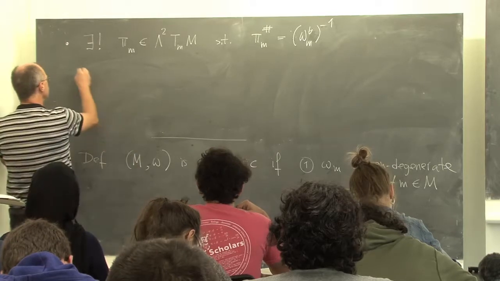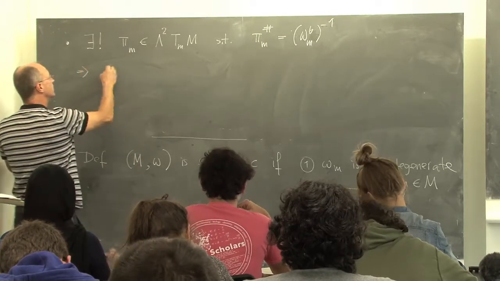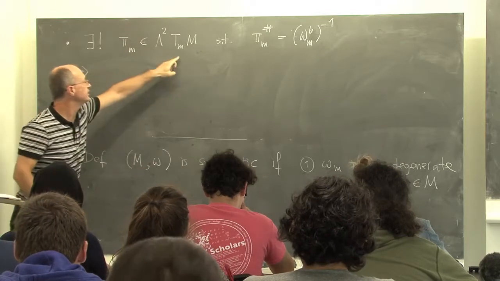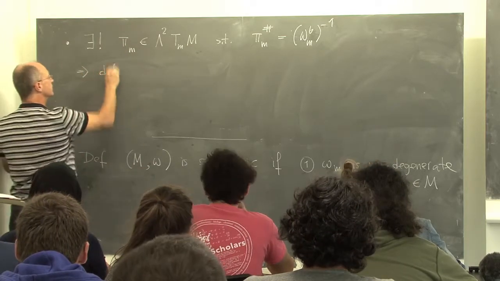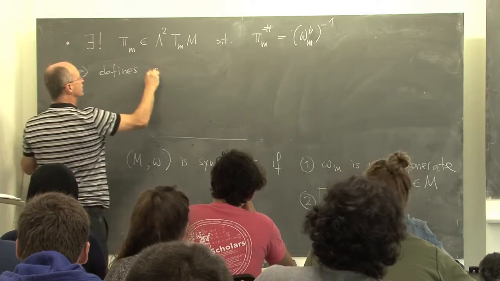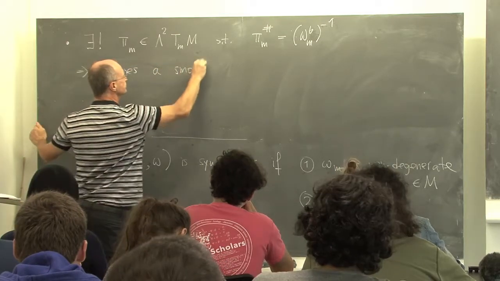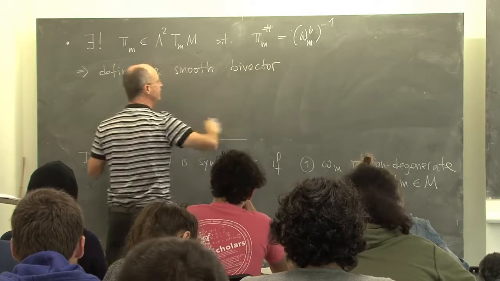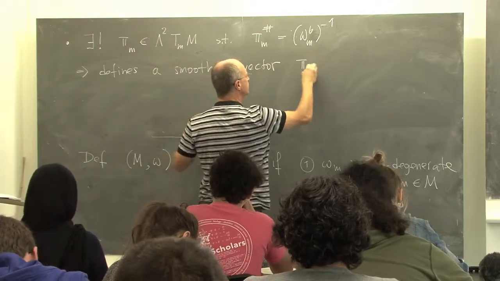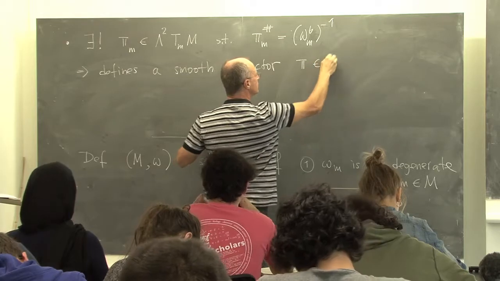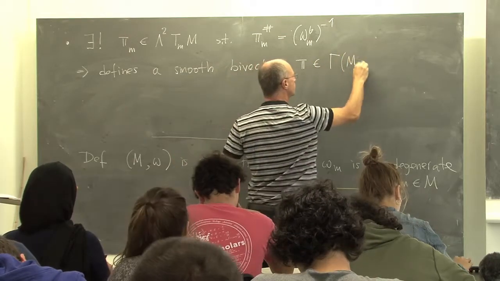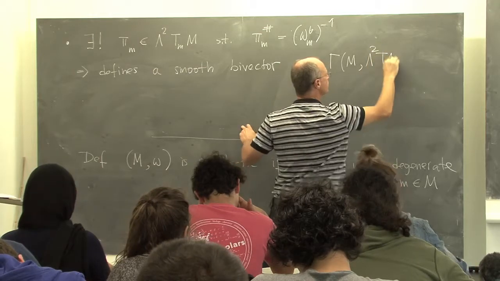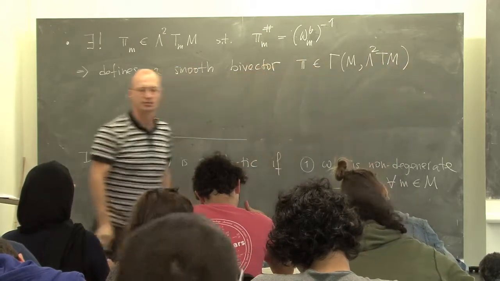It's easy to convince oneself that this assignment at each point defines a smooth bivector. So bivector pi, meaning a section of the second exterior power of the tangent bundle.